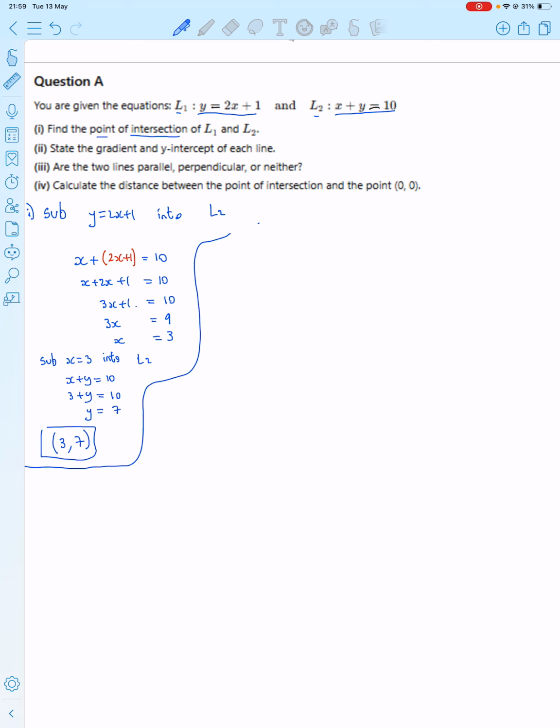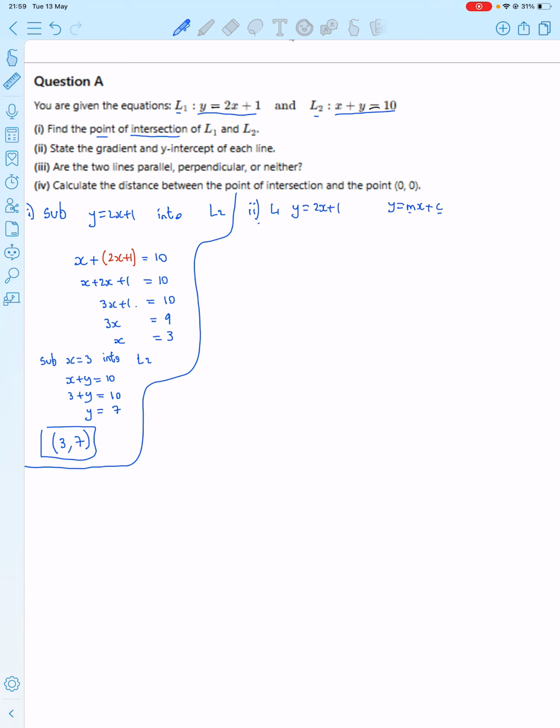Okay? Right, now for part 2. Let's go on to part 2. So part 2 says state the gradient and y-intercept of each line. So with L1, we've got y equals 2x plus 1. Now, in the form y equals mx plus c, m is the gradient, c is the y-intercept.